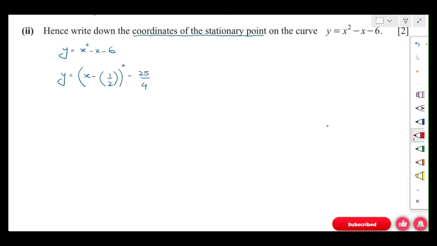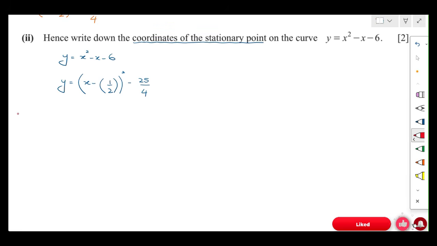The vertex form of the quadratic is y equals a into x minus h whole square plus k. So the stationary point is basically the coordinates h and k.